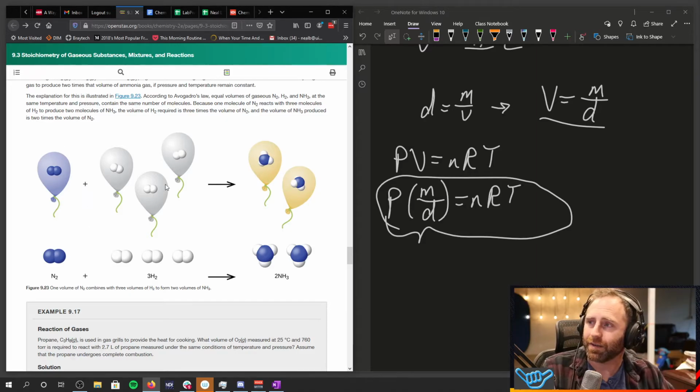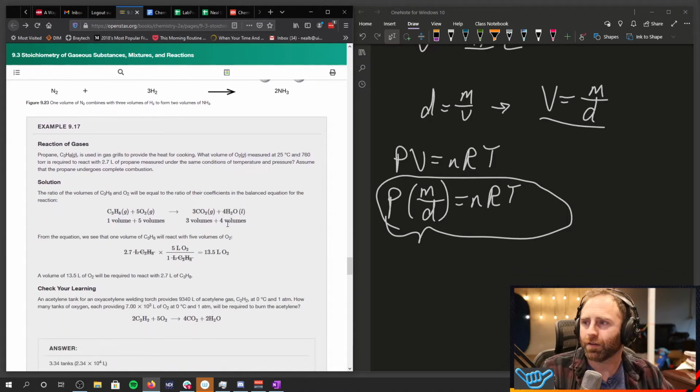Here's a way to think about it. In terms of balloons, which is fine, what you'll usually find are problems that might look like this, here in 9.17, where it's asking what volume of oxygen is required to react with a volume of propane, measured at the same temperature and pressure.